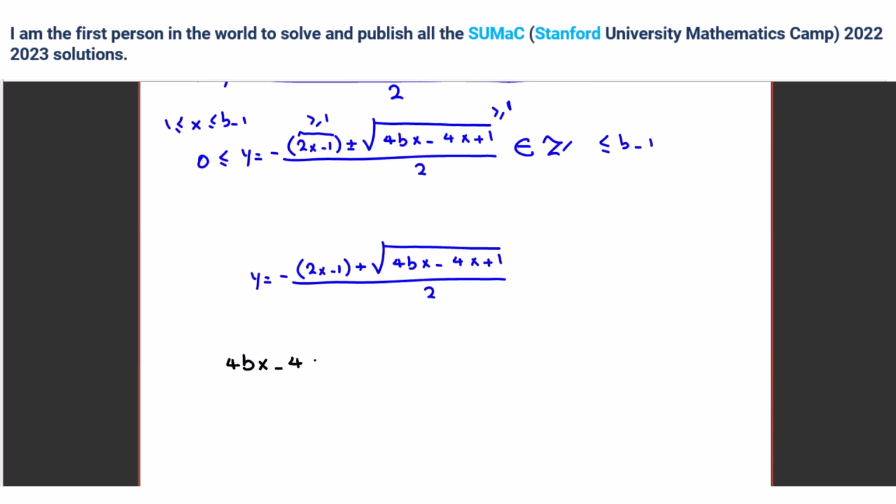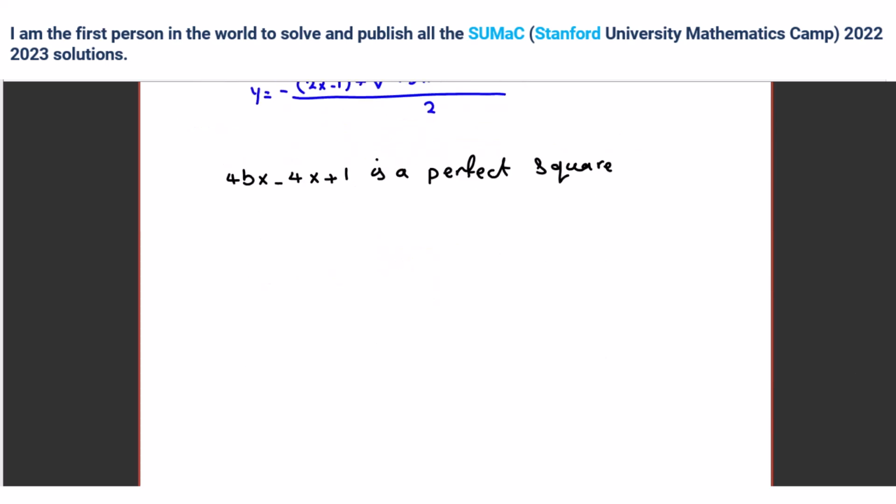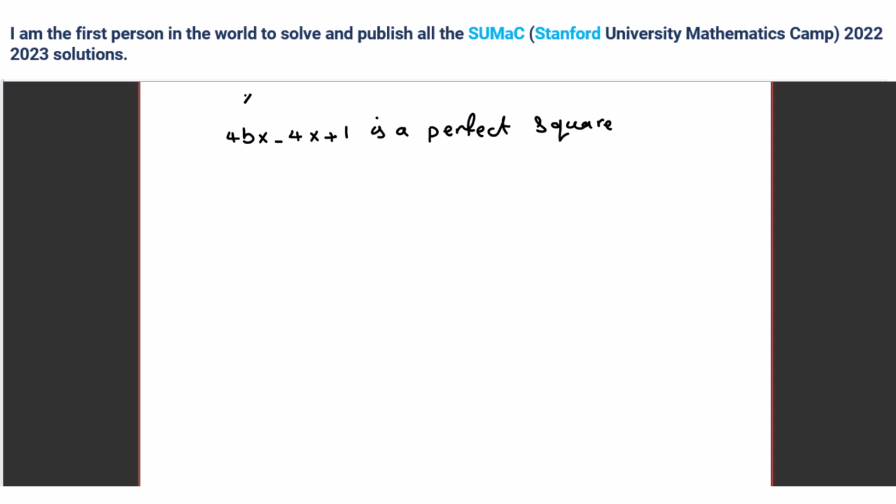So 4bx minus 4x plus 1 is a perfect square. Okay, so we don't need to work on y anymore. X should be from 1 to b minus 1, right?